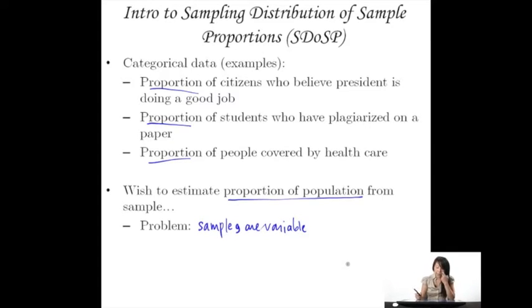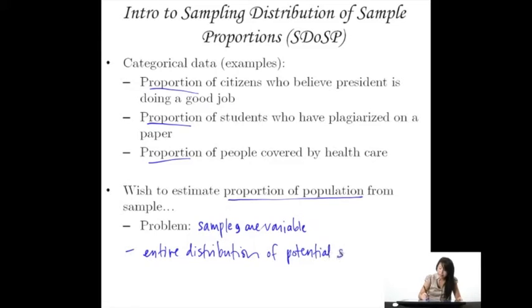So it would really help us out if we knew the entire distribution of potential samples, right? Wouldn't that be handy? And that is called a sampling distribution.